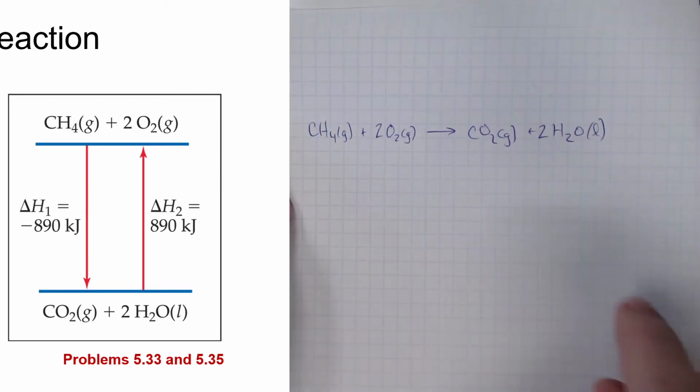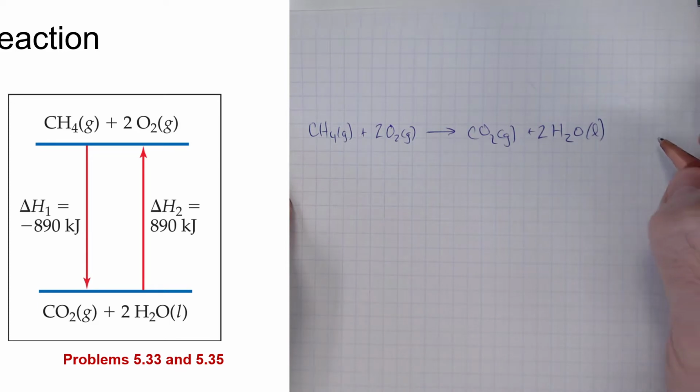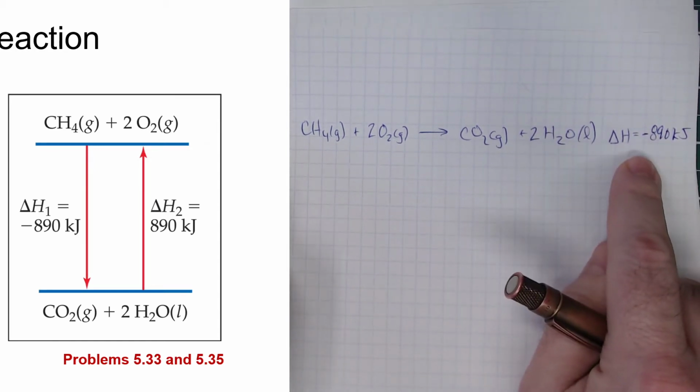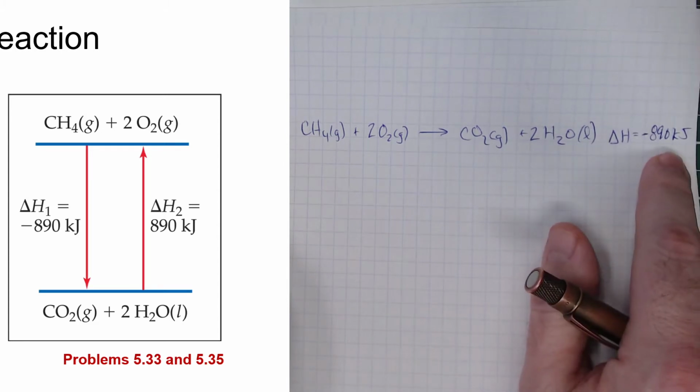Well, that is a chemical equation, and it is a balanced chemical equation. And you'll see the number that is associated with that is delta H is equal to negative 890 kilojoules. All right. Once you put the delta H beside it, that is a thermochemical equation.